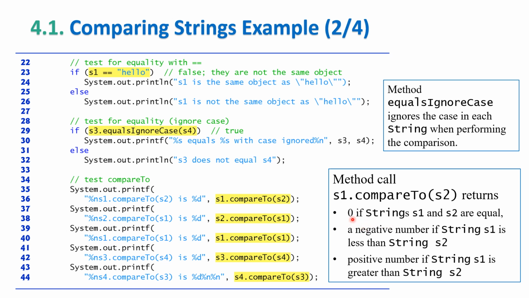It returns 0 if string s1 and s2 are equal in terms of lexicographical comparison. It returns a negative number if string s1 is less than string s2 in the lexicographical order. Otherwise, it returns a positive number.